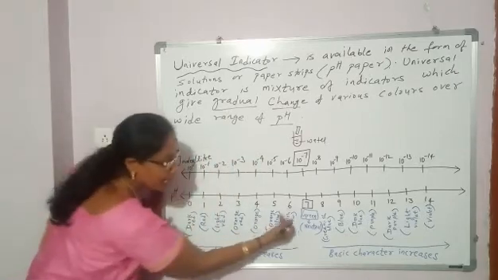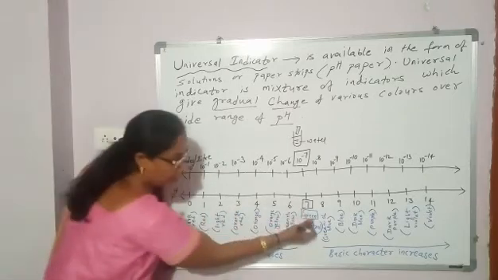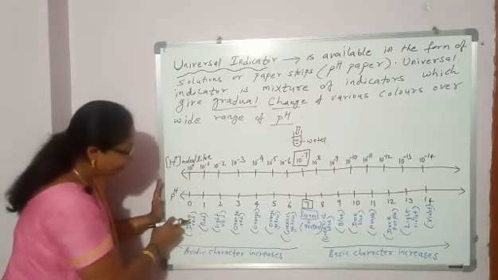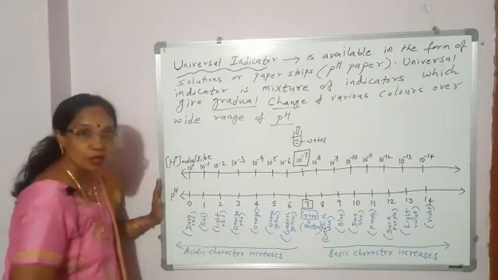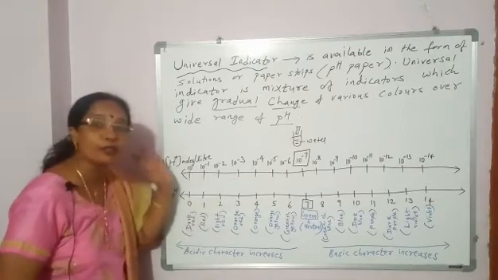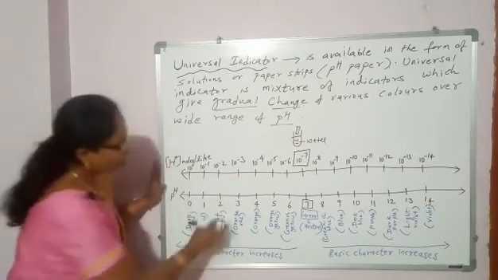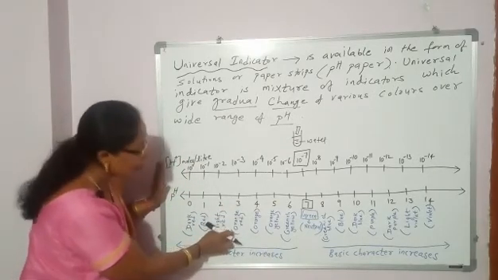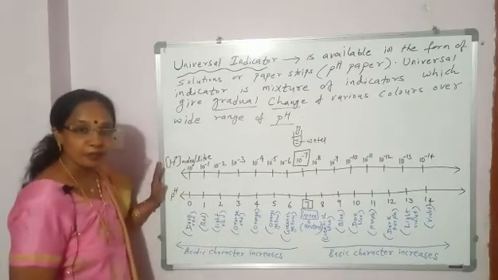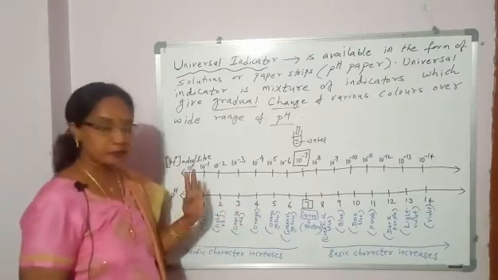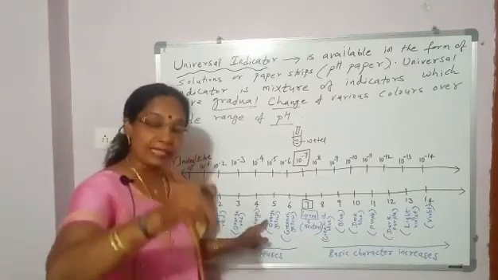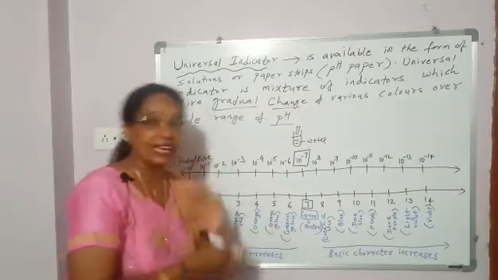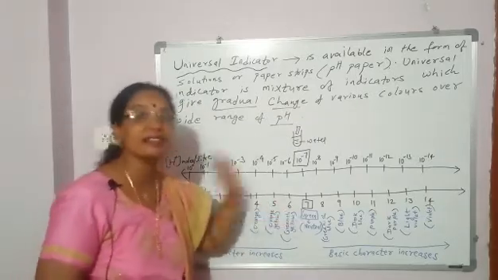If it is strongly acidic, the color is dark red, red or light red, so the pH value will be 0, 1 or 2. When the pH value comes to 3 or 4, the color in pH paper will be orange red or orange, means moderately acidic. And when the color in pH paper shows orange yellow or greenish yellow, means weakly acidic and pH is 5 or 6.